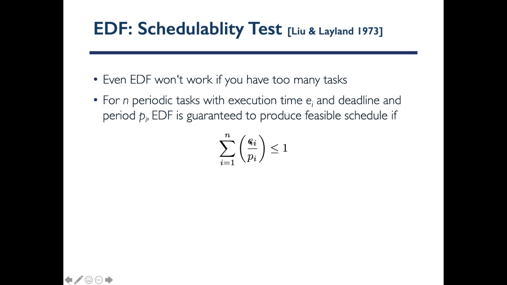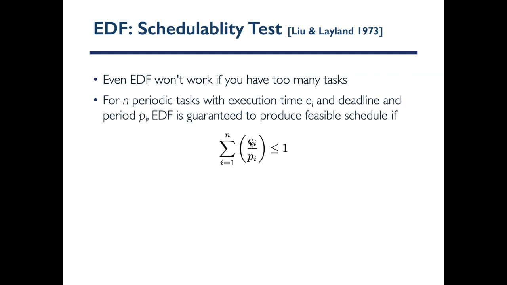E_i divided by P_i tells you the percentage of time that task i uses the CPU, because task i appears every P_i time units, and in every P_i time unit, task i needs E_i time units to execute. So E_i divided by P_i tells you how much this task is going to utilize your CPU: what percentage of CPU time will go to execute this task.